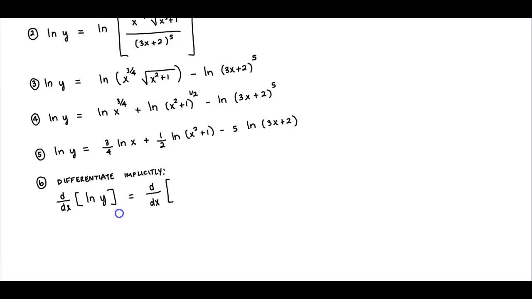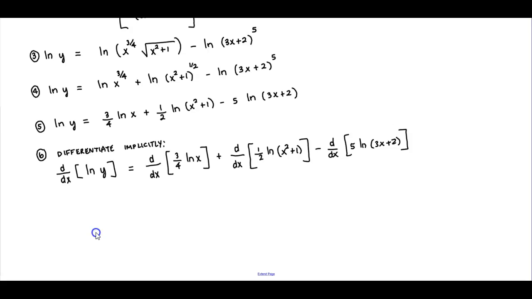So we have the derivative with respect to x of 3/4 times the natural log of x, plus the derivative with respect to x of 1/2 times the natural log of x squared plus 1, minus the derivative with respect to x of 5 times the natural log of 3x plus 2.